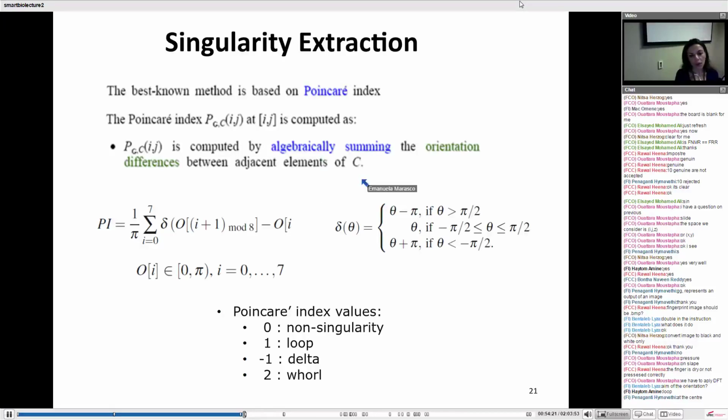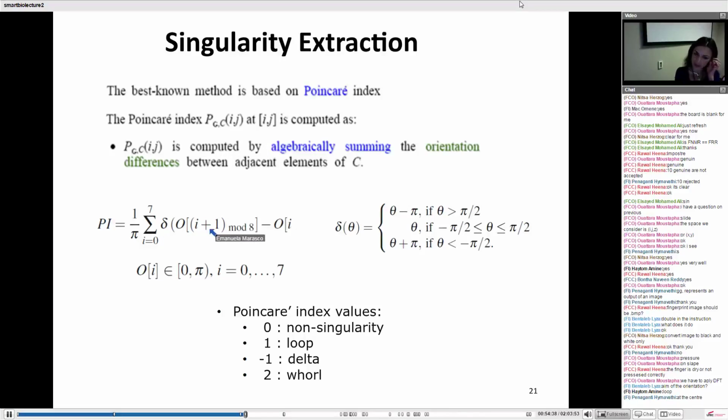But I like to start from the formula, right? So you have a kind of reference idea, a mathematical reference.